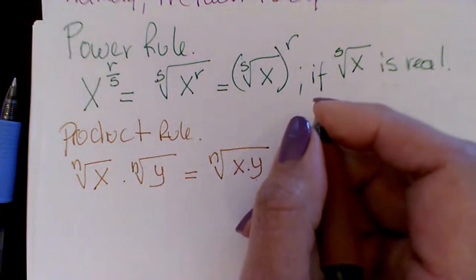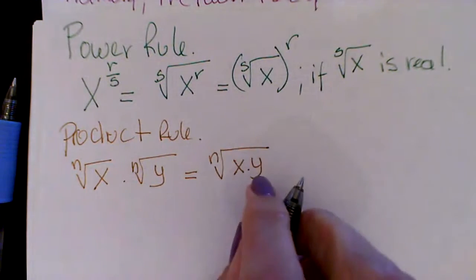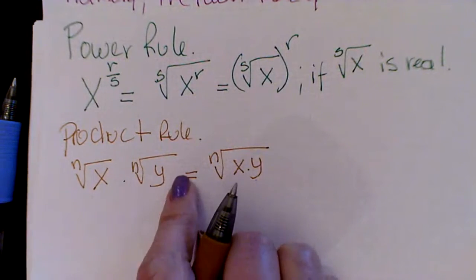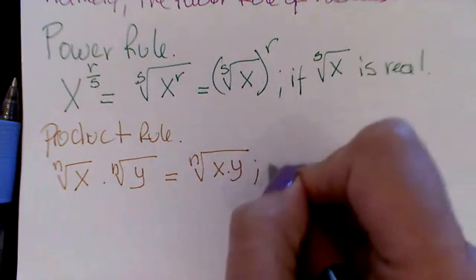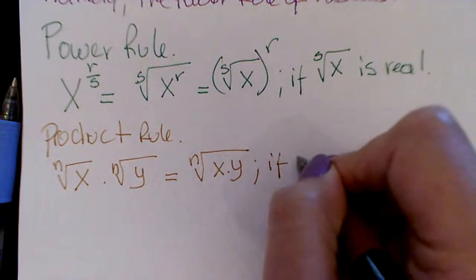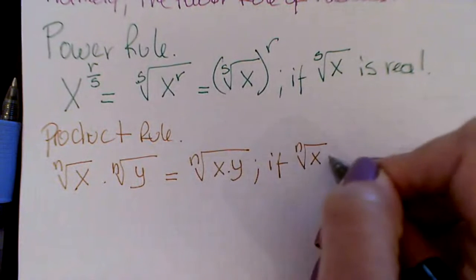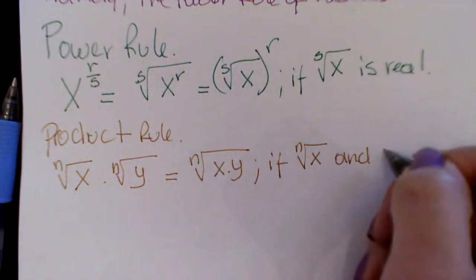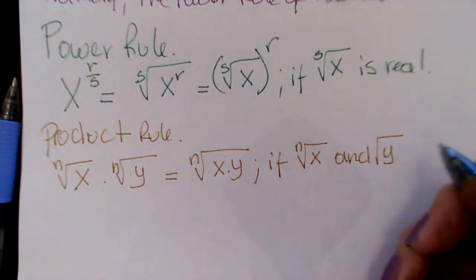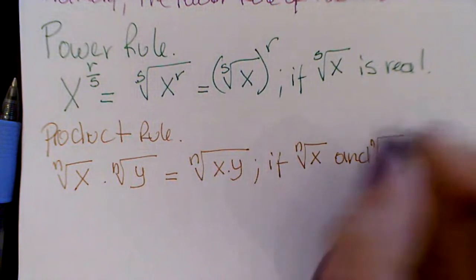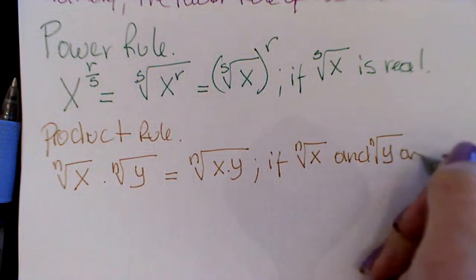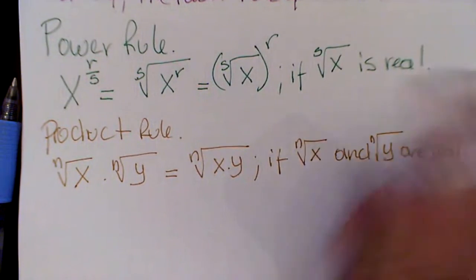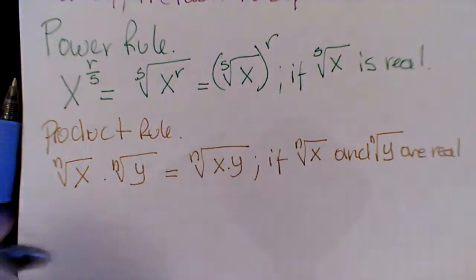That's because we have the same index. And all this is possible if the nth root of x and the nth root of y are real.